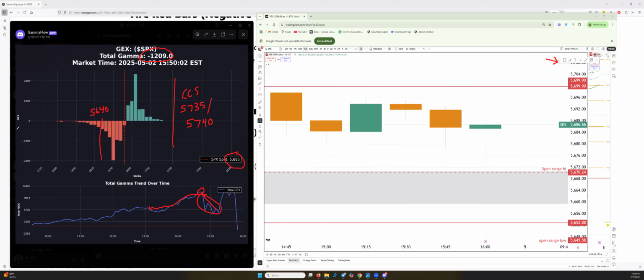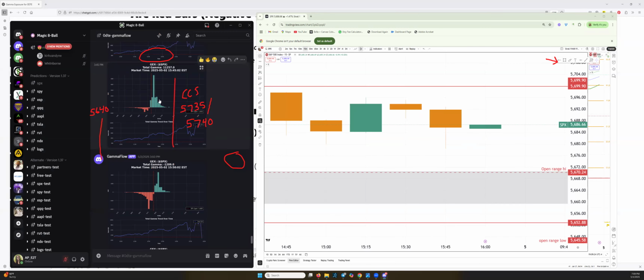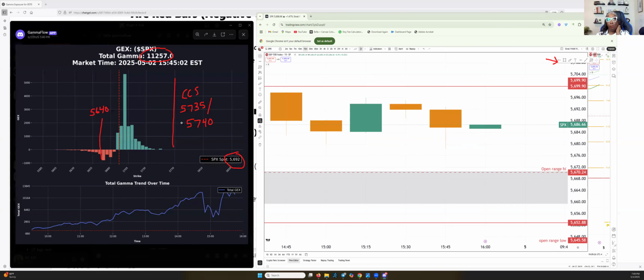I don't know though, because that last drop, I don't think we saw that in the other chart. It just looks like it's trending back up. What other chart? The other former ones, the other gammas. We didn't see this down here?